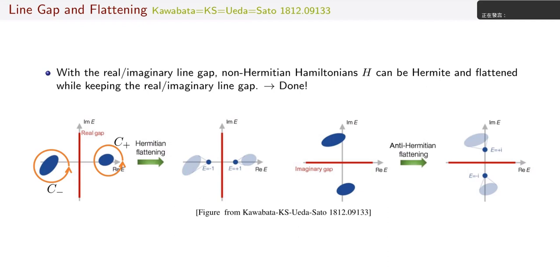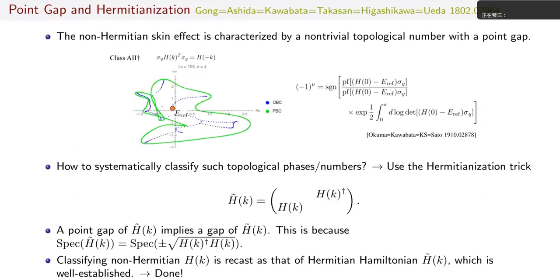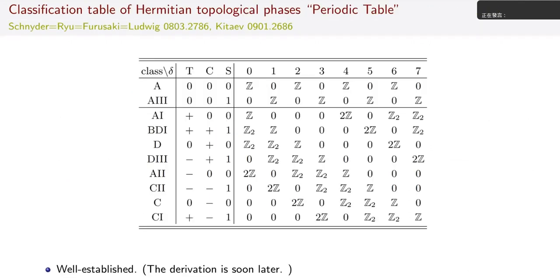Then the situation is the same as the point gap case. So the problem is just a Hermitian problem, and in this sense, the classification problem is solved.